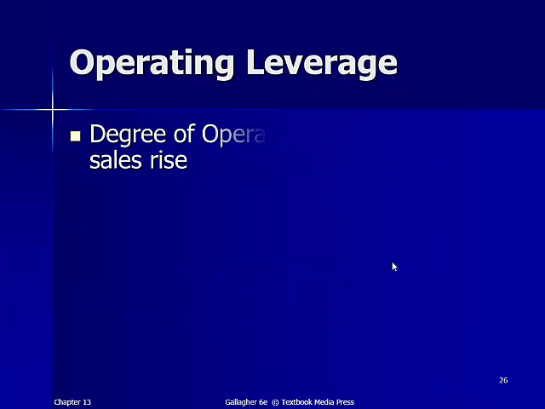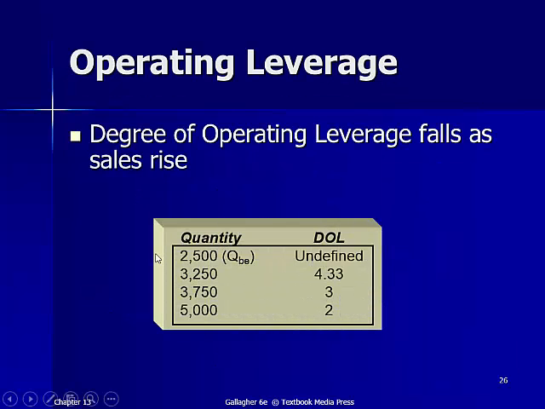Let's move on and show you that the degree of operating leverage varies when sales vary. It falls as sales rise. At 3,750 units, our degree of operating leverage is 3. If your units sold were 5,000, it would be 2.